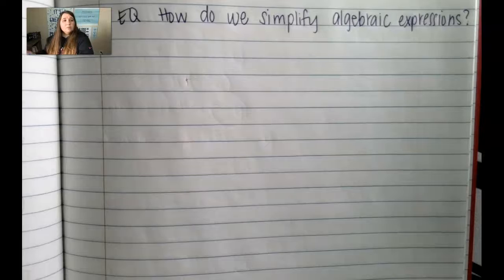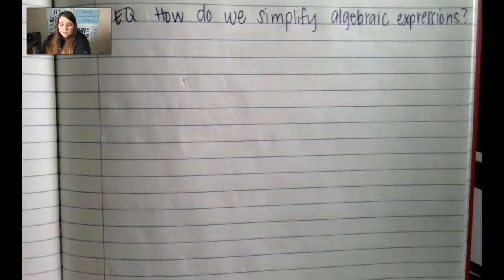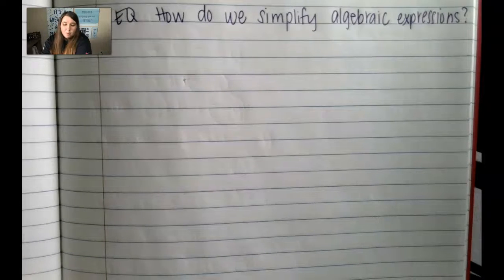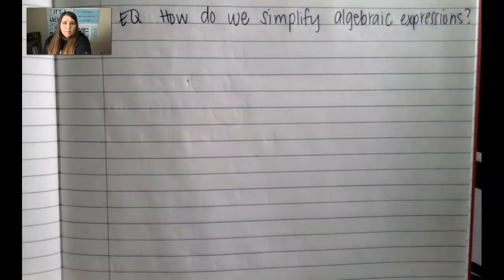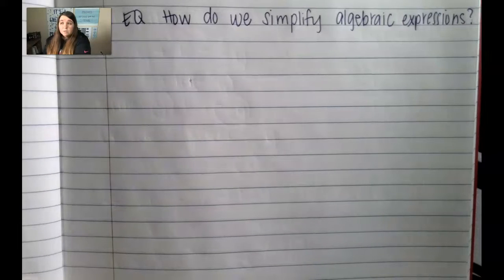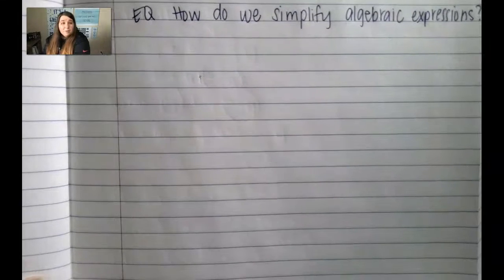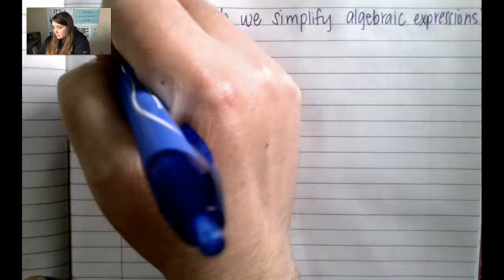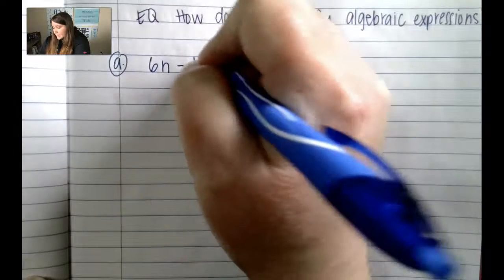Our first example is going to have us using the distributive property, or the factoring part of the distributive property from before. So in example A, it says 6n minus 10n.